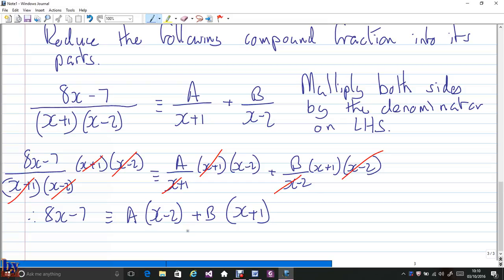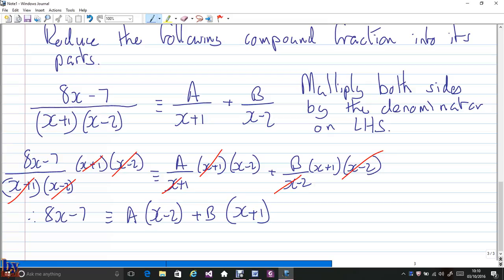Well, the easiest way, of course, is to make this not A times (x minus 2), but A times nothing. And if you've got A times nothing, then that'll disappear, won't it? So now we've got to decide a value of x that'll make this bracket into nothing. I hope you can see that if we let x equal 2, 2 minus 2 is nothing, and therefore it will disappear.